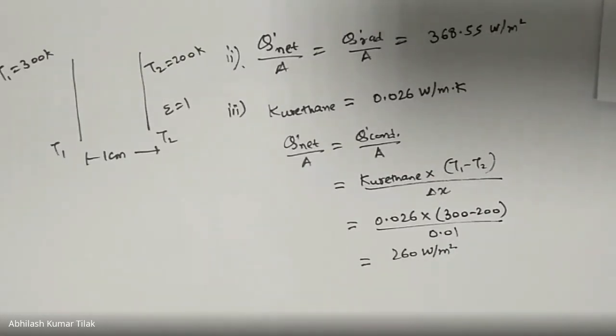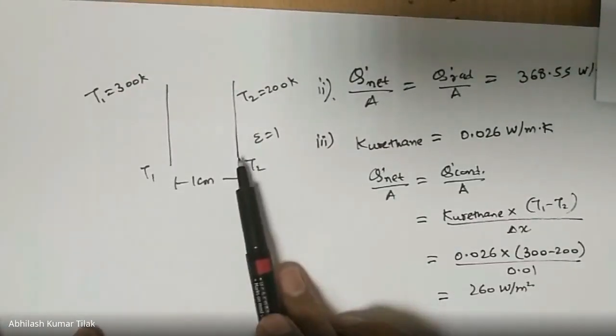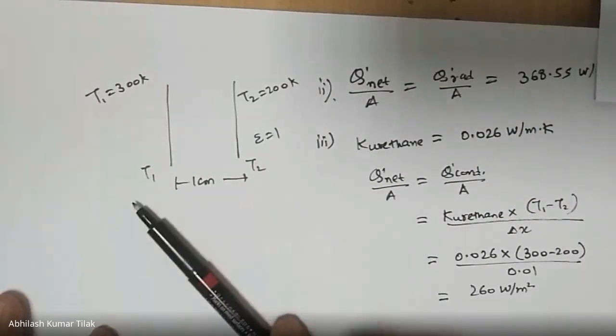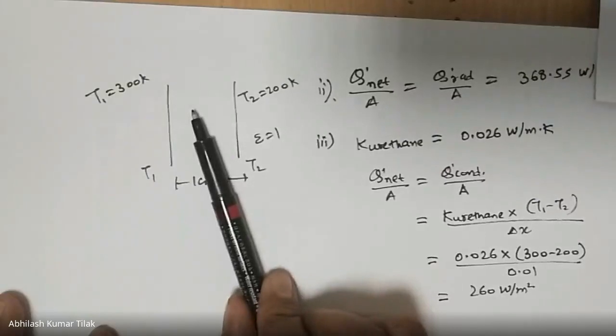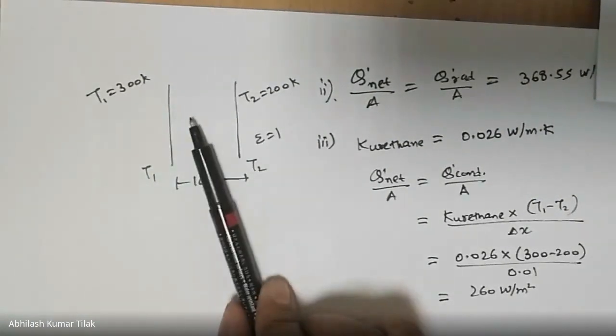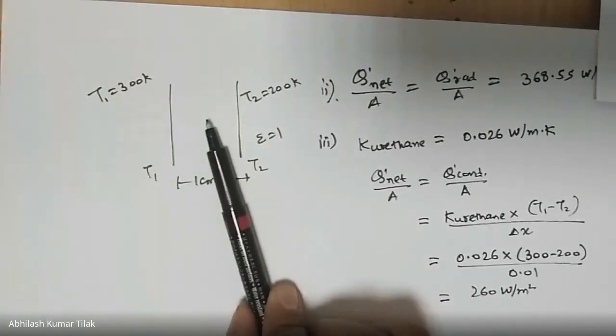Oh, okay, fine. I will explain this once more. When there is an insulation placed between these two parallel plates, the modes of heat transfer here are either conduction or radiation. Since this is an opaque solid material placed between the two plates, it is blocking the direct radiation heat transfer between the plates.